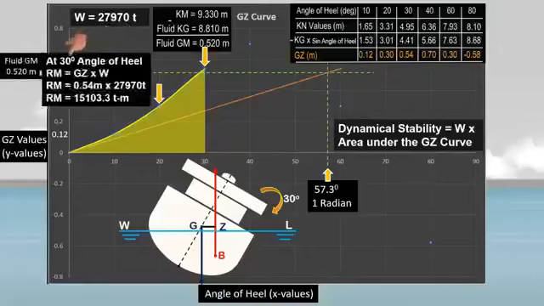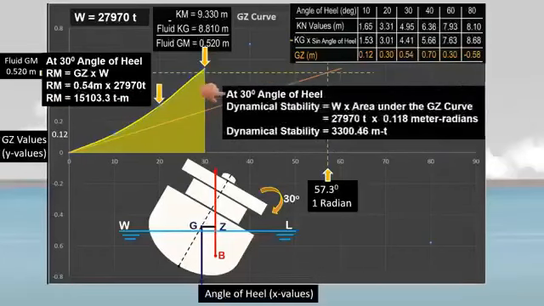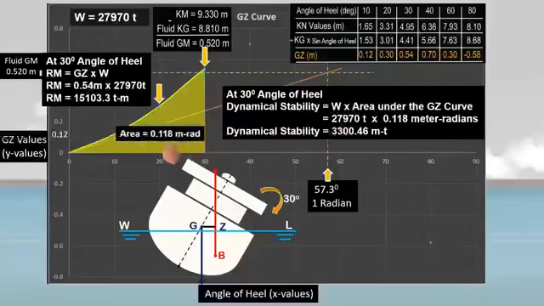At 30 degrees angle of heel, the ship's righting lever is 0.54 meter. If we multiply it by the ship's displacement, the moment of statical stability is 15,103.3 tons meter. To determine the dynamical stability at a 30-degree angle of heel, multiply the ship's displacement by the area under the GZ curve up to 30 degrees.